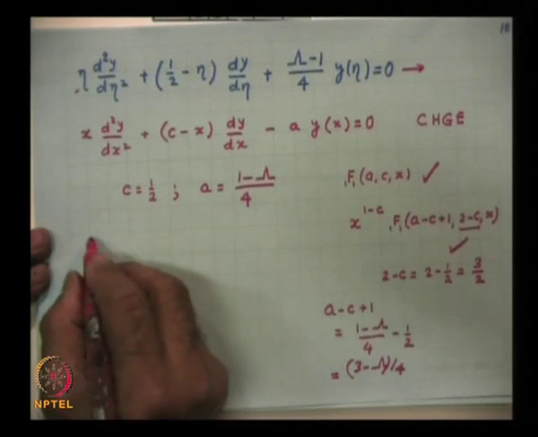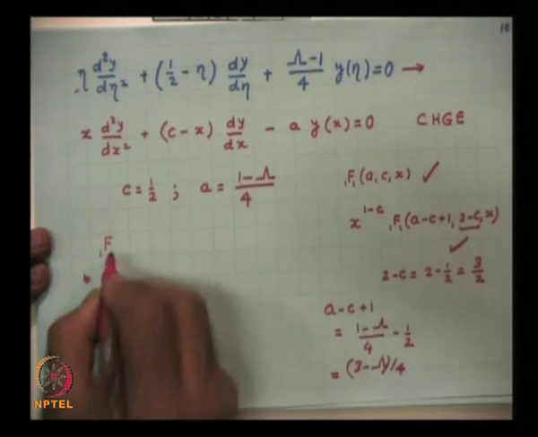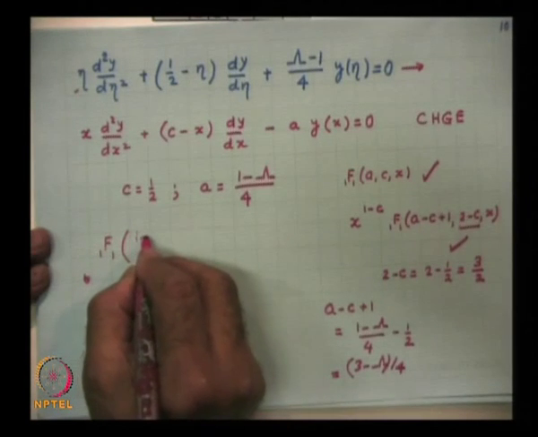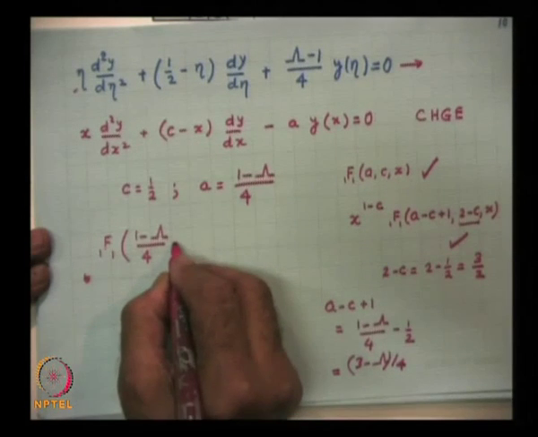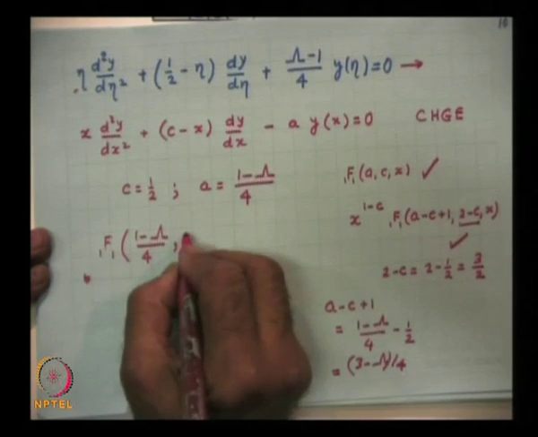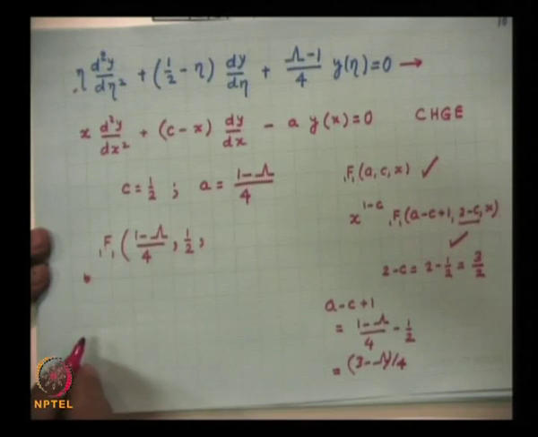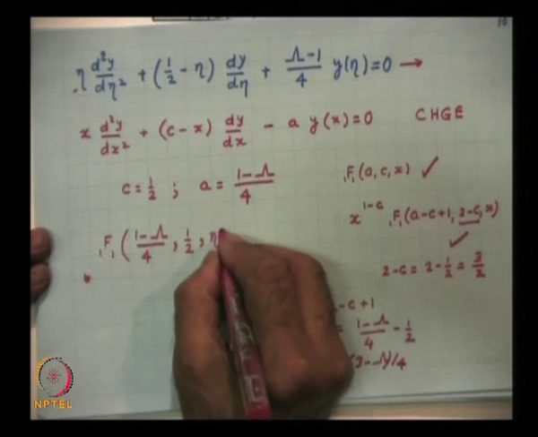So, my two independent solutions are F11 a, that is 1 minus lambda by 4, comma c, that is half, and eta, which is actually xi square.